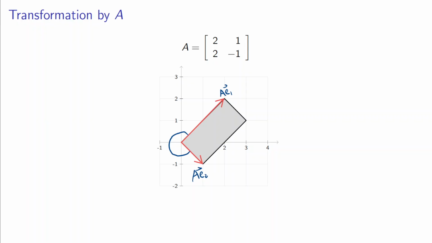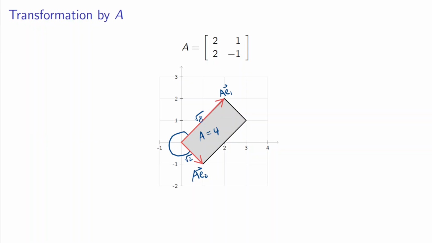A couple ways we could do this, but this side down here would have length √2 by the Pythagorean theorem. And then this side up here would be √8. And so the area of this is just going to be √2 times √8, which is √16, which is 4.